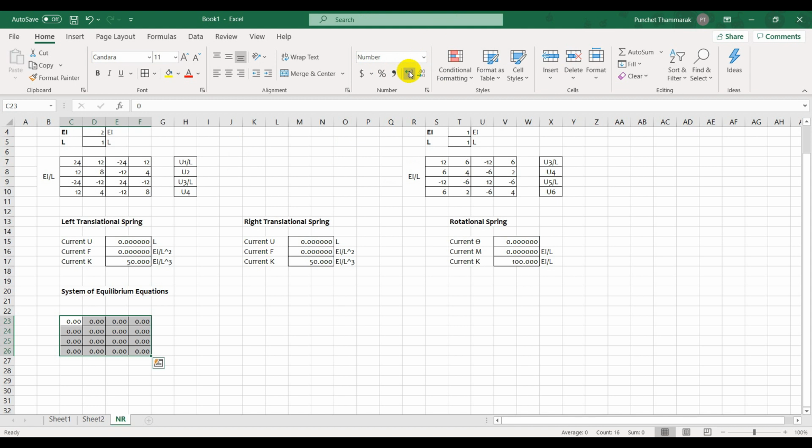No, stiffness is okay. So U3, U4, U5, U6 will be there.